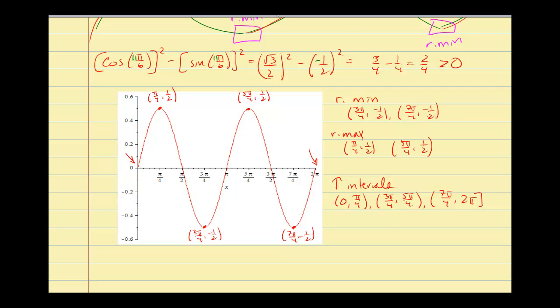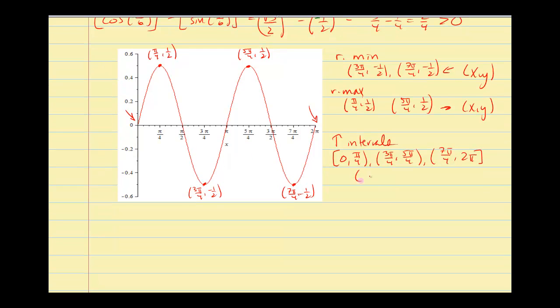And actually, we were looking at endpoints that were bracketed, so I guess we could bracket the 0 and the 2 pi because they were given to us as bracketed. Now these are ordered pairs. These are x, y values. These interval notations are x to some x value. Okay, so these are not ordered pairs.